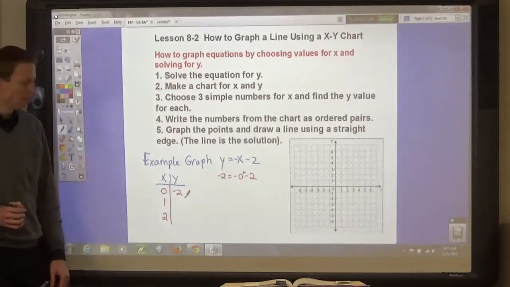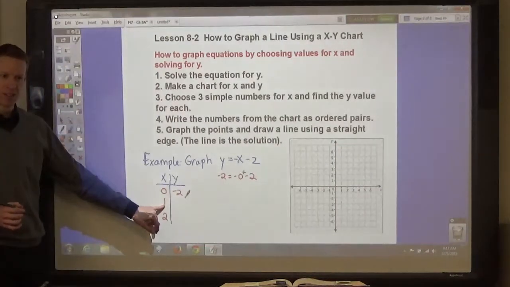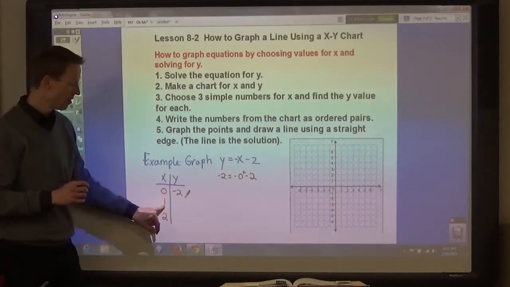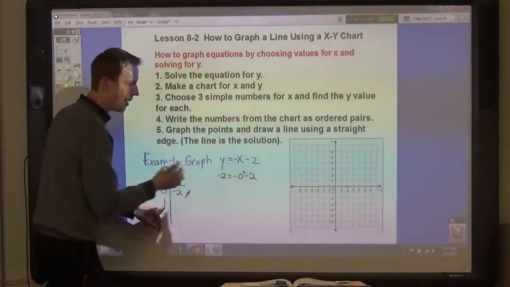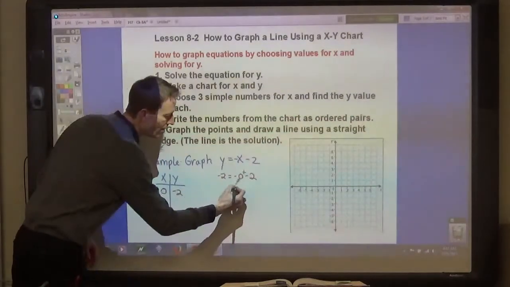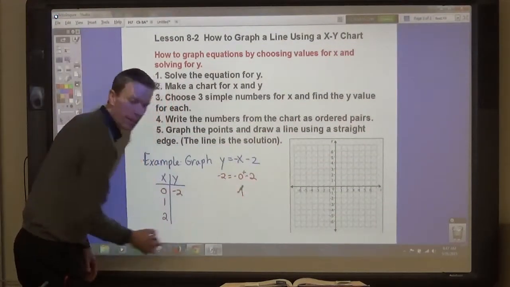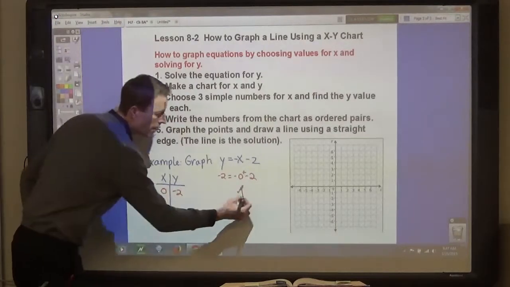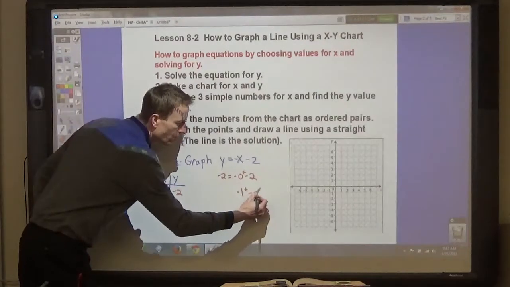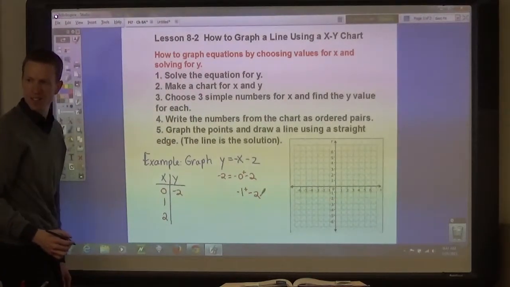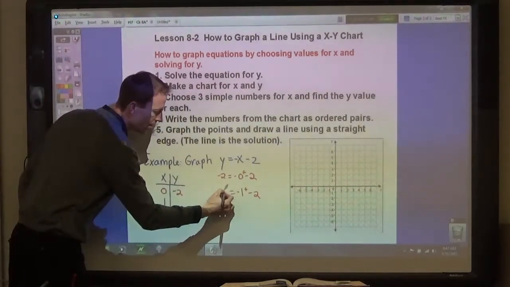What if x was 1? Troy? Actually, we would put 1 here for x, put the negative sign, plus negative 2, and y is negative 3.